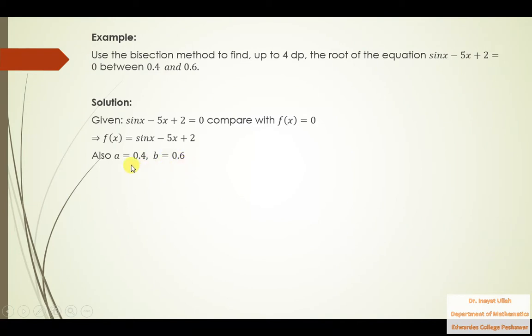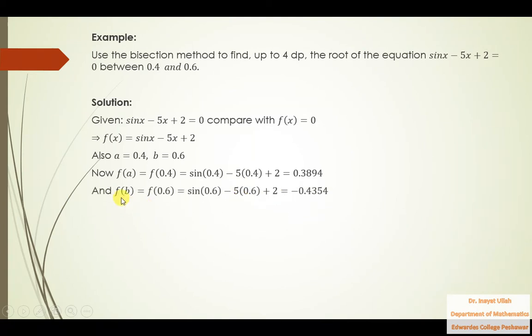Now we need to find f of a. That is the first step of the bisection method. We replace x by a in this equation, and secondly we replace x by b. So f of a means f of 0.4: sin of 0.4 minus 5 into 0.4 plus 2, and performing this operation we get 0.3894.